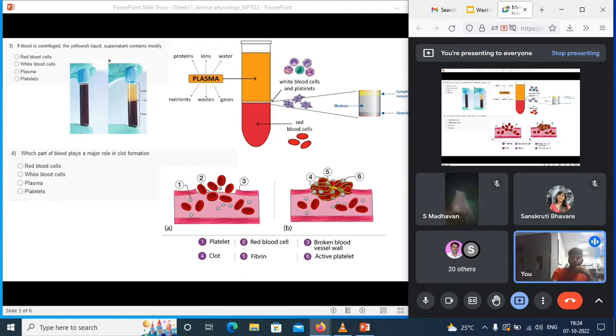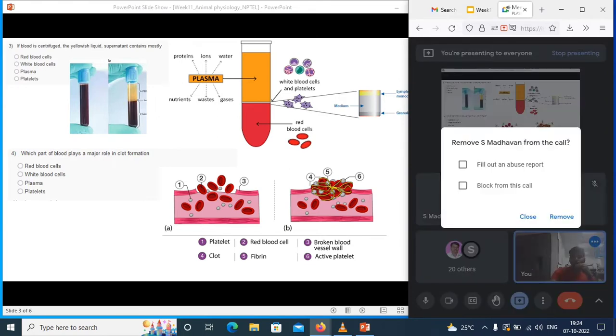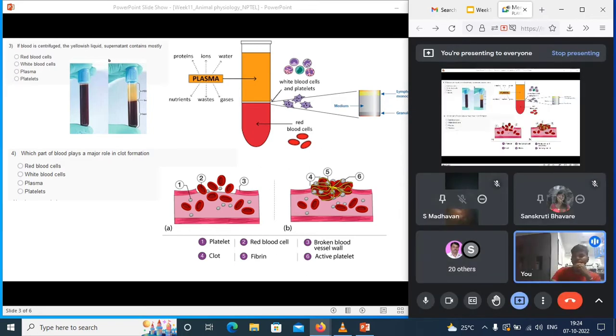Now the purpose is that it needs to be closed, and for that, initially several clotting factors will come, and further they will perform the clotting. Okay, and basically platelets are the cells that are active participants, you can say, in this process of blood clotting. Okay.